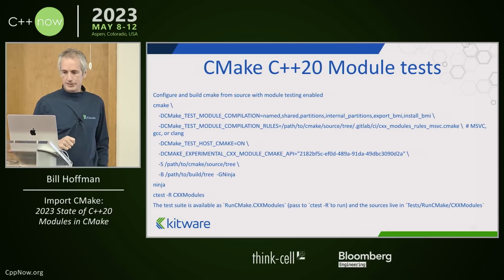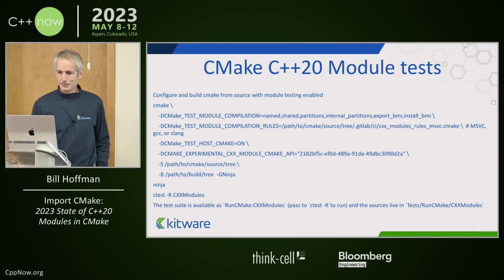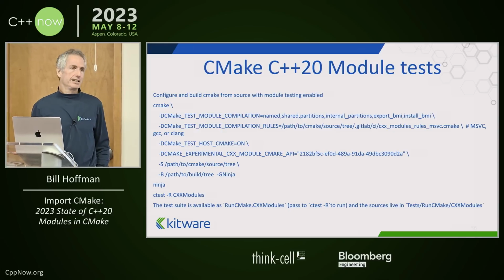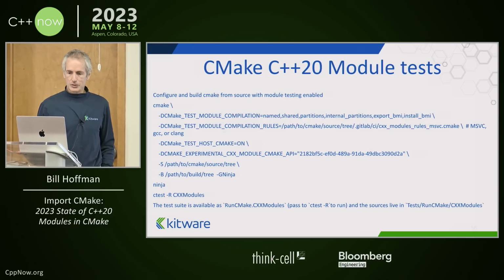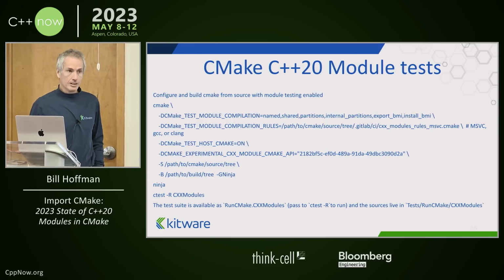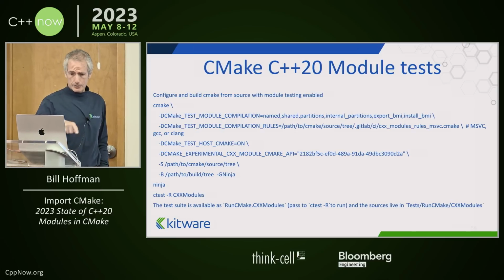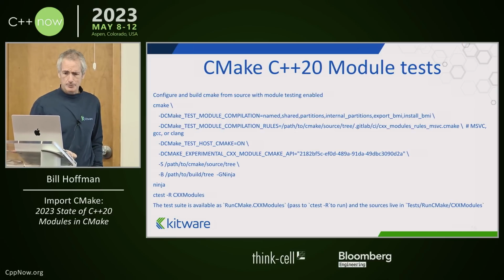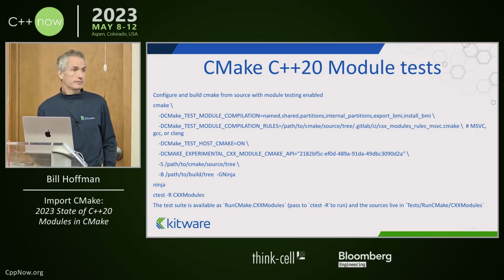And turn CMAKE_TEST_HOST_CMAKE on. The experimental module CMake API, you've got to get that in there. And then give it the path to your source tree, a path to a binary tree, and build it with Ninja, or I guess you could do it with Visual Studio as well. And then you want to run ctest -R CXXModules, and that's going to run the test suite.